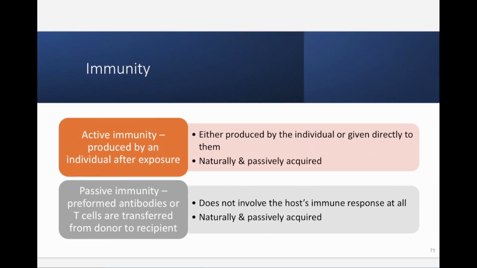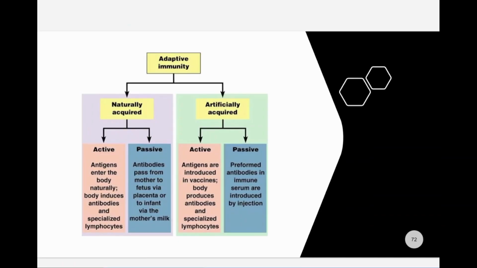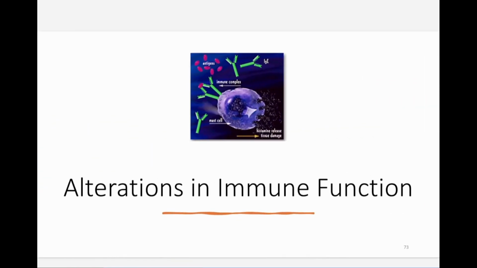We can get acquired immunity, given the antibodies directly or naturally, and passively acquired. And then you have your passive immunity, which does not involve the host immune response at all. And this is just another review. I think it's the same picture from physio, so you can review that later.